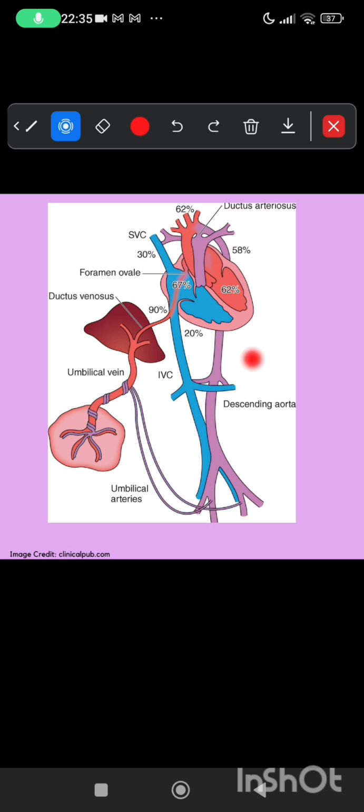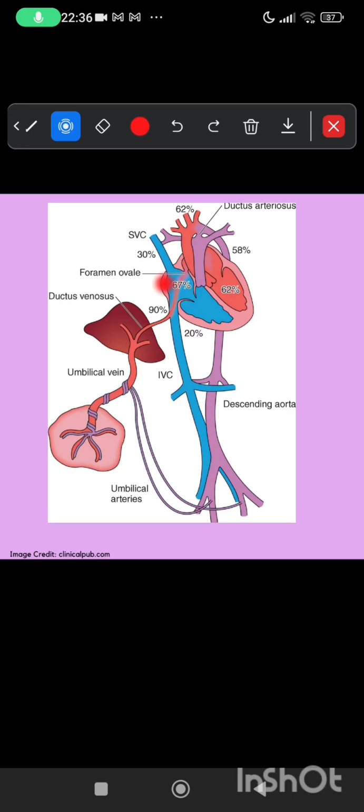But what the fetus is receiving is clean, oxygenated blood. So no need to go further toward the lungs, and the lungs are also non-functional in the fetus because the placenta is doing all the work. So the lungs are taking just the rest now.